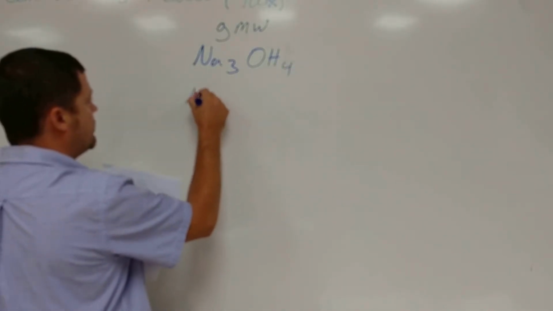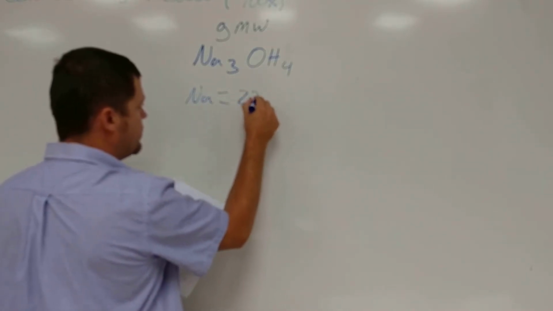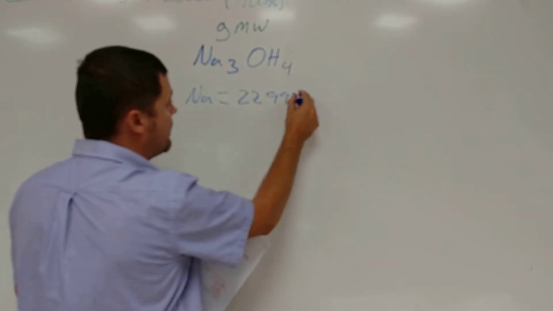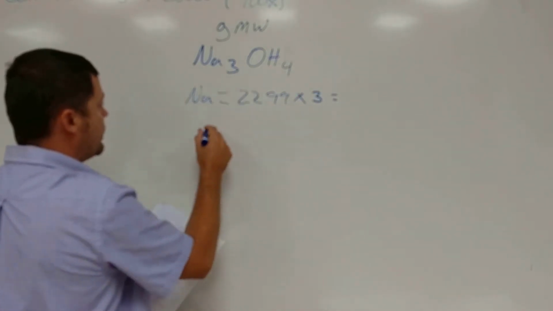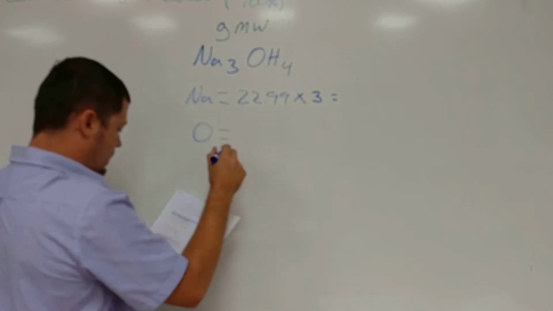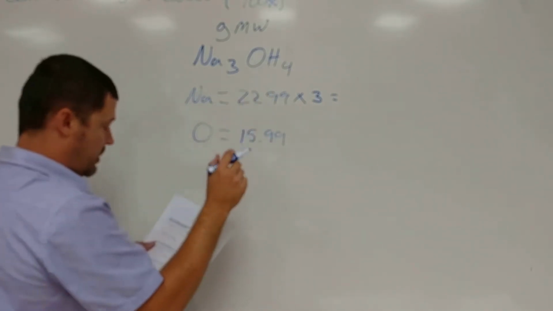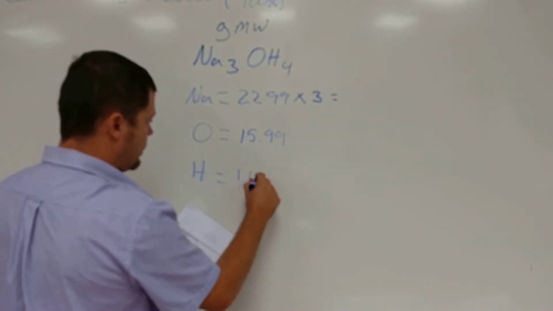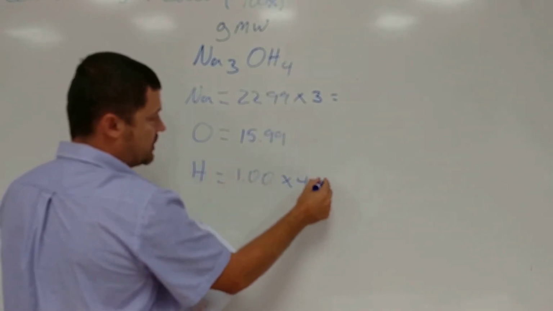So sodium has an atomic weight of 22.99. But since we have 3 of them on here, we're going to have to times that by 3, okay? And we have an oxygen. Oxygen, again, at 15.99, so that's good. We just have one of those. And then our hydrogen, we have 1.00. And since we've got a subscript 4, we're going to have to times that one by 4 also.